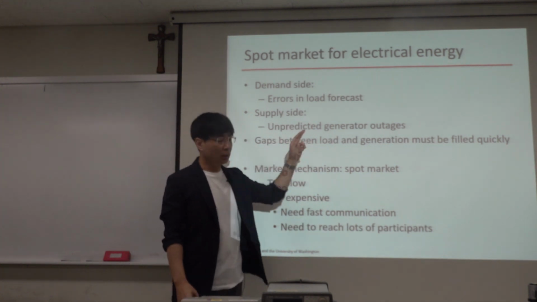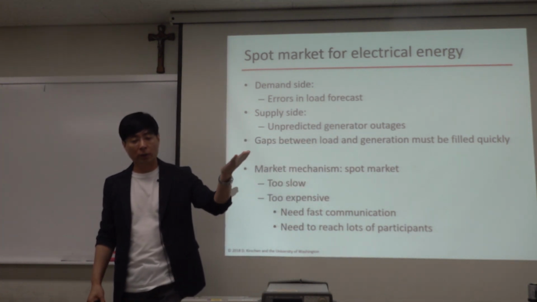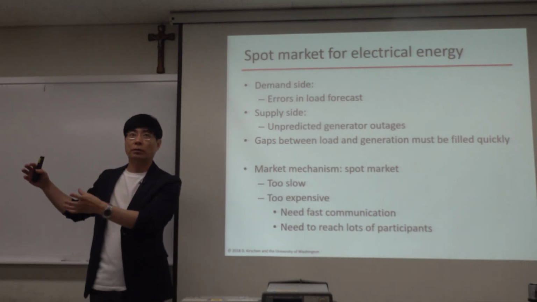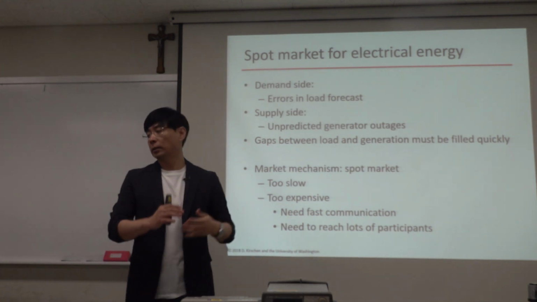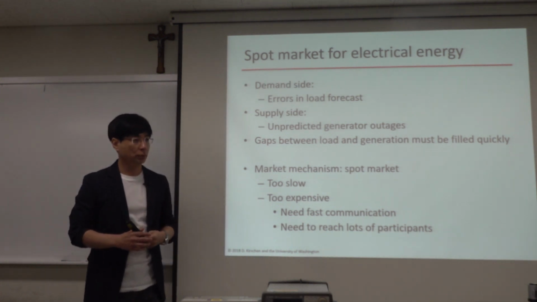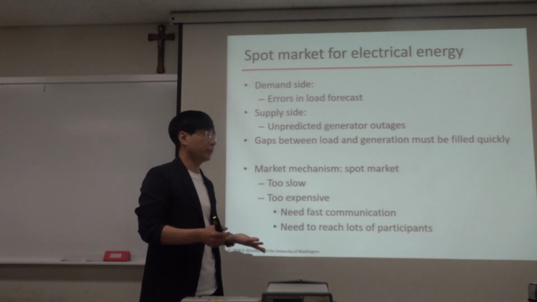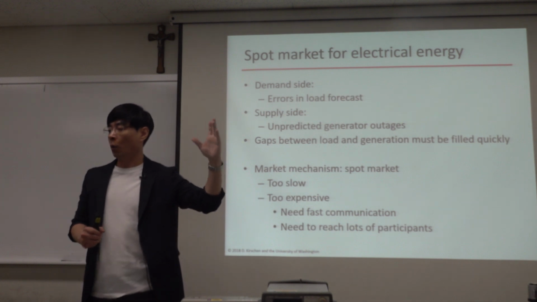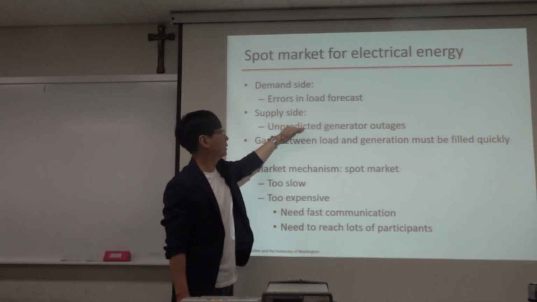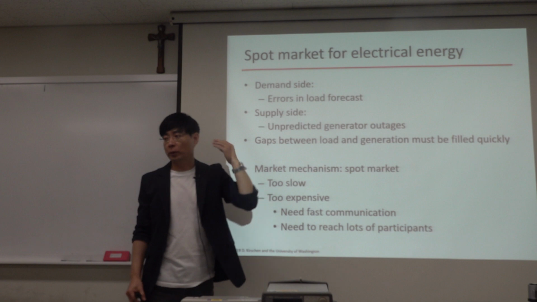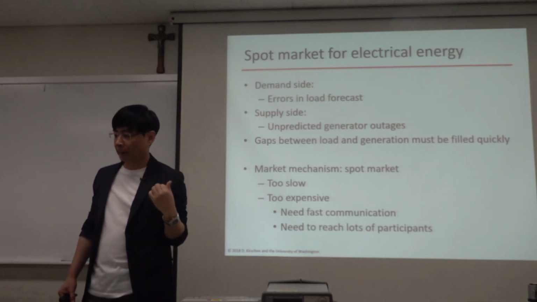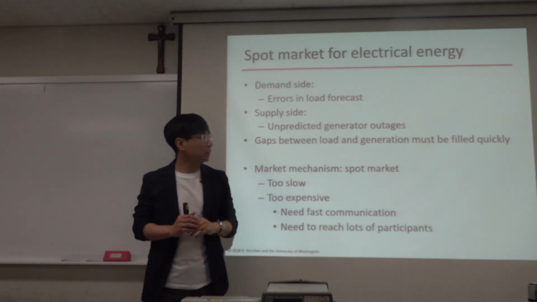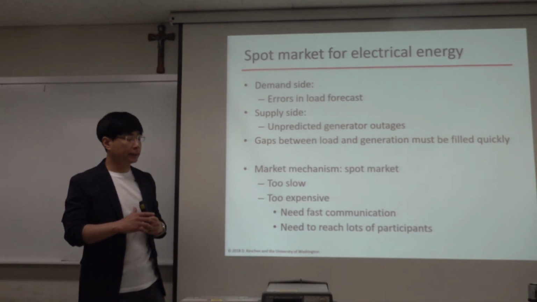In that case you cannot supply your committed generation, and you need to buy that amount of power from the spot market to fulfill your requirement. So the spot market is where supply shortage or demand forecasting error can be compensated, and we want to do that quickly. The gap between load and generation must be filled quickly.